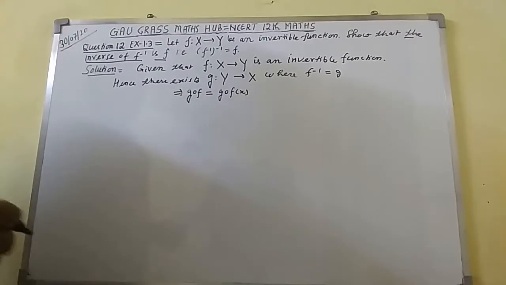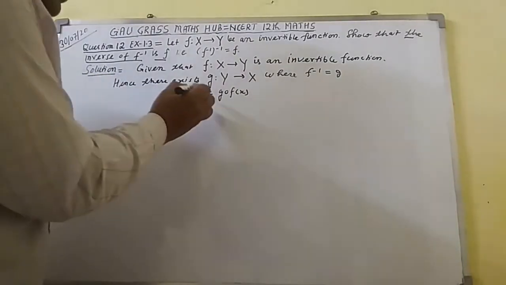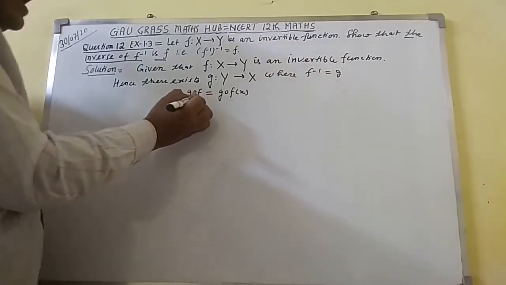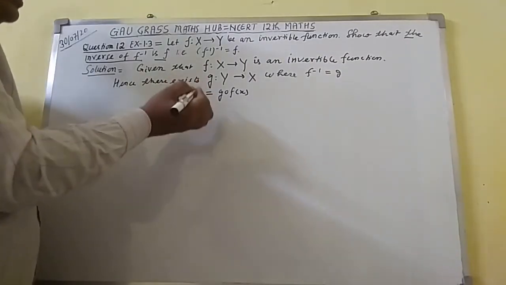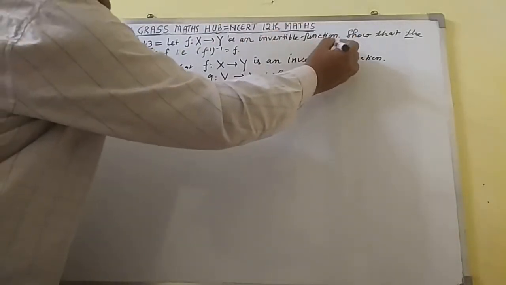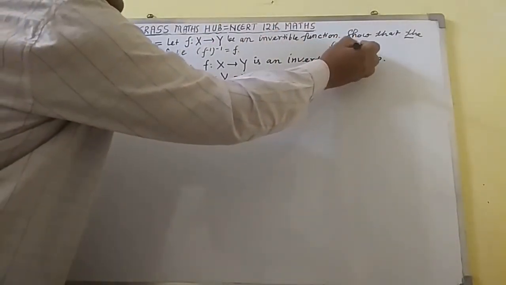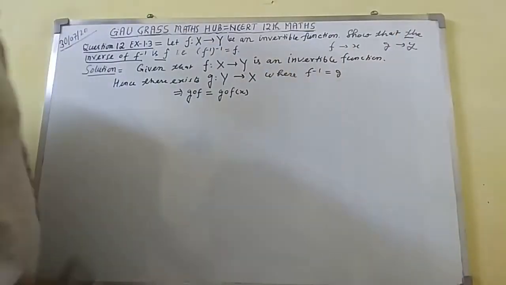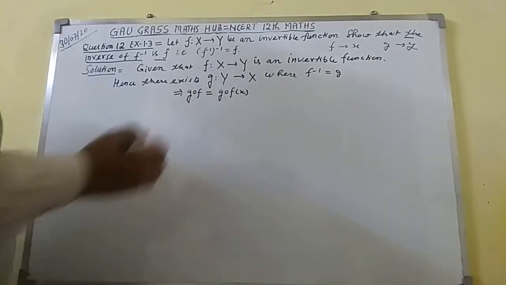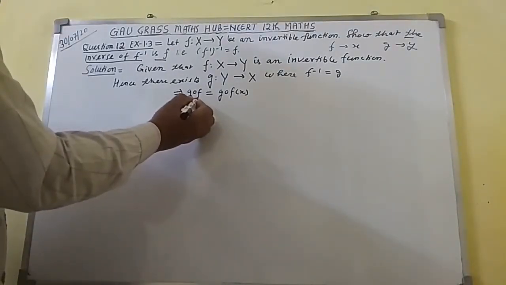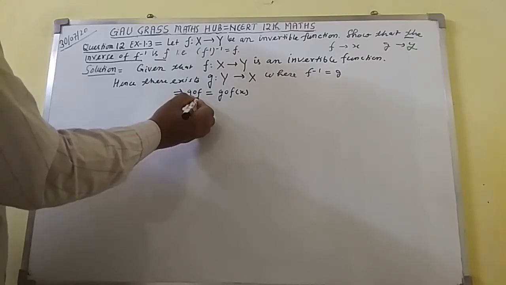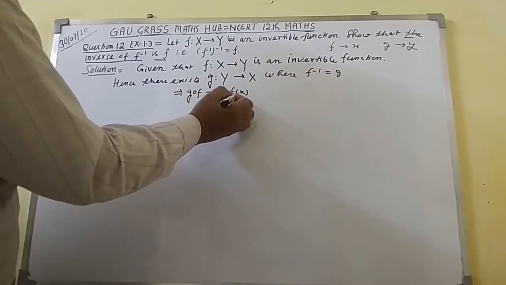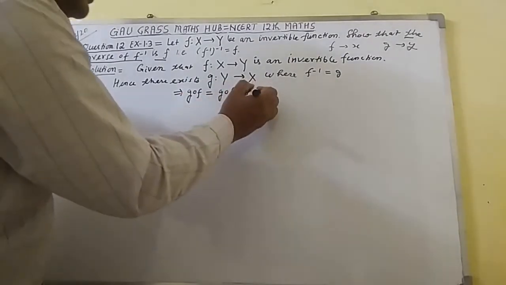You will write this because in g of f, the last letter is f. You know f is related to small x and g is related to small y. So here the last letter is f, and f will be related to x. That's why I have written f(x).